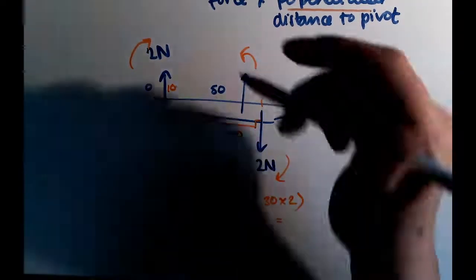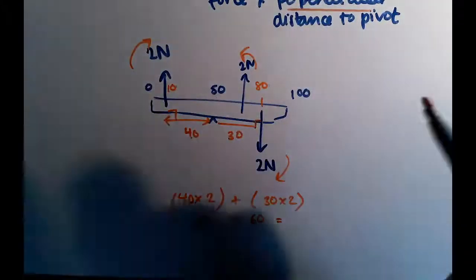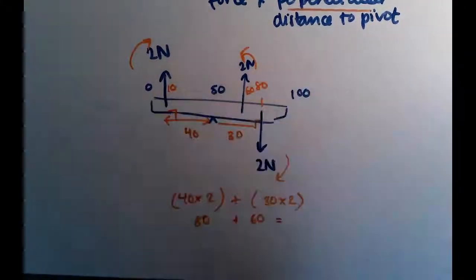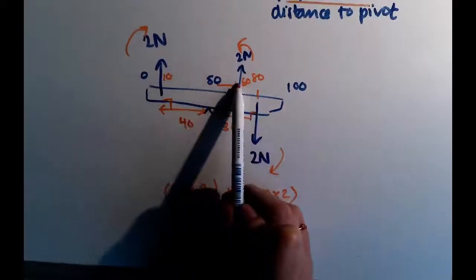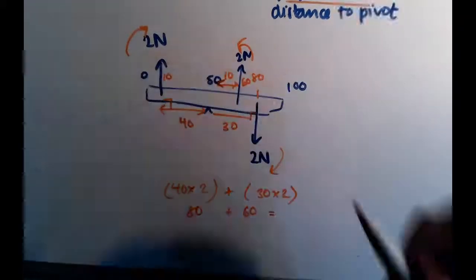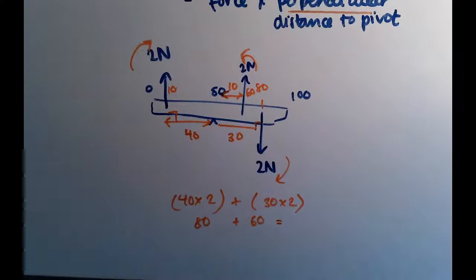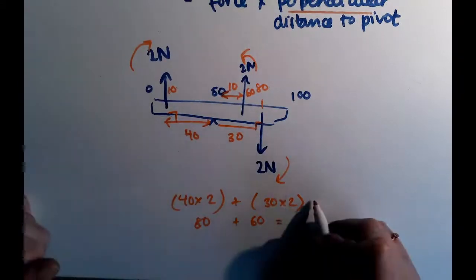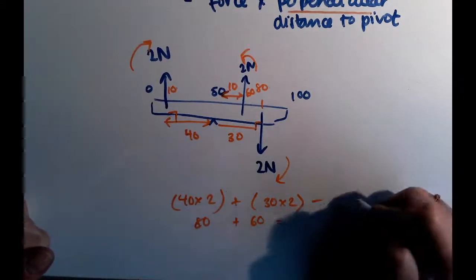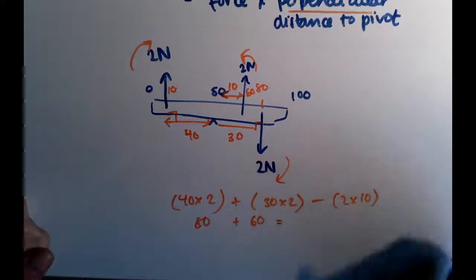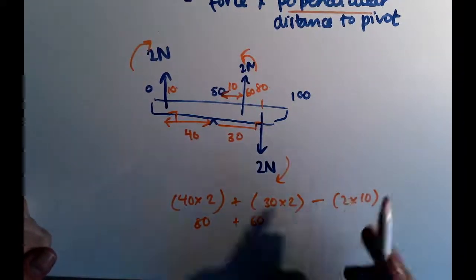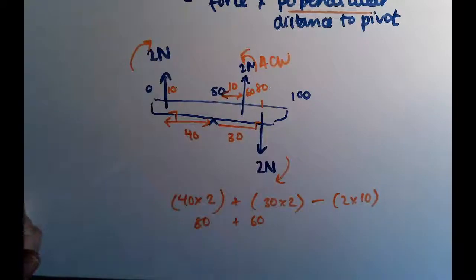And let's say that this is a 2 Newton force acting at 60. So now we know that that distance to the pivot is 10, because it's 50 to 60. And so now I have to minus my 2 times 10. Okay, because that is an anti-clockwise one now.